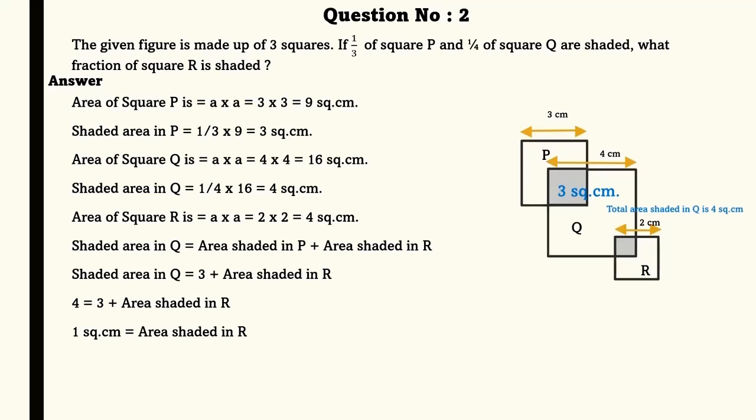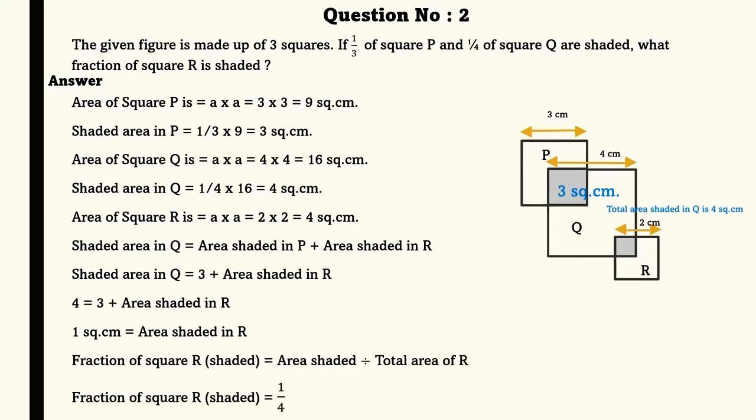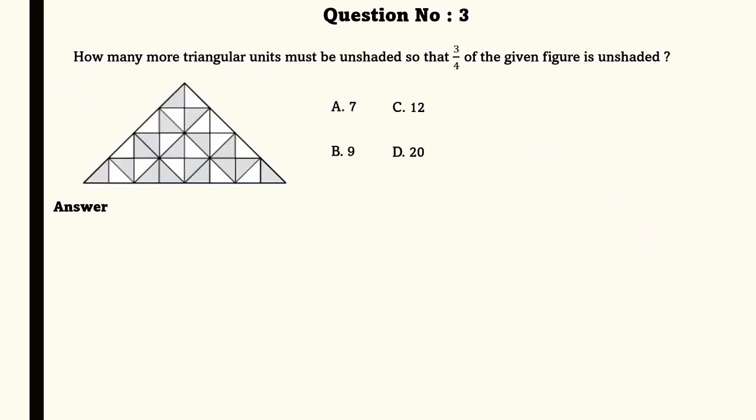So, 4 is equal to 3 plus area shaded in R. So, 1 square centimeter is equal to area shaded in R. Since they have asked for a fraction, we're going to make it into a fraction. Fraction of square R shaded is equal to area shaded divided by total area of R, which is equal to 1 by 4. Now let's move on to question number 3.